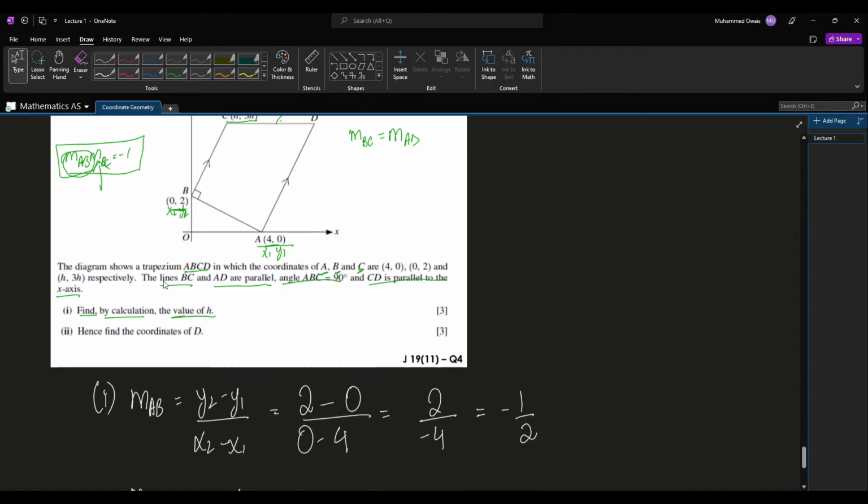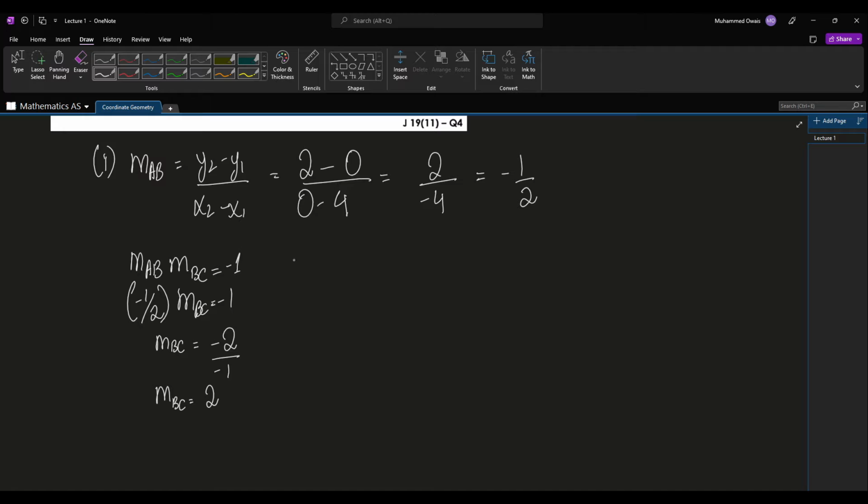So then let's just use the gradient we just found out. So we can say M of BC is equal to y2 minus y1 over x2 minus x1. Now then, we can replace M of BC with 2.